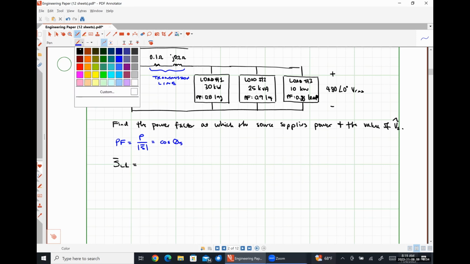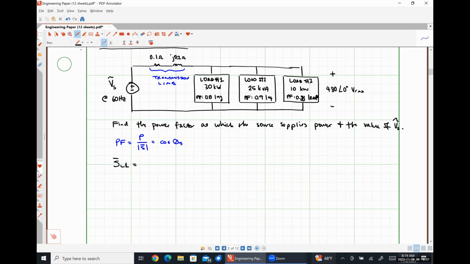I can rearrange this expression, and what I'll find is that the complex power absorbed by load 1 is going to be the average power absorbed by load 1 divided by the power factor of load 1 with a phase angle of the inverse cosine of the power factor of load 1. Meaning that if I know power factor and average power, that's all the information I need in order to determine the complex power absorbed by that load.